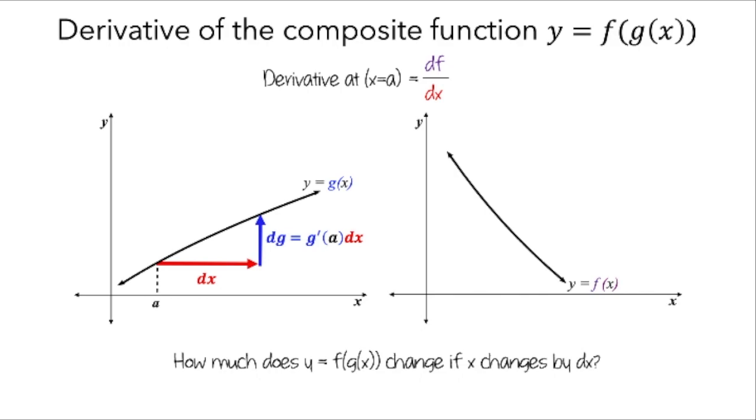Next, let's think about the composite function of f of g. We need to think about the output of g of x as an input of f. So now we'll think about the value of g of a as an input to the function f. Then the change in g becomes a change in input to the function f. The resulting change in output of function f is df.